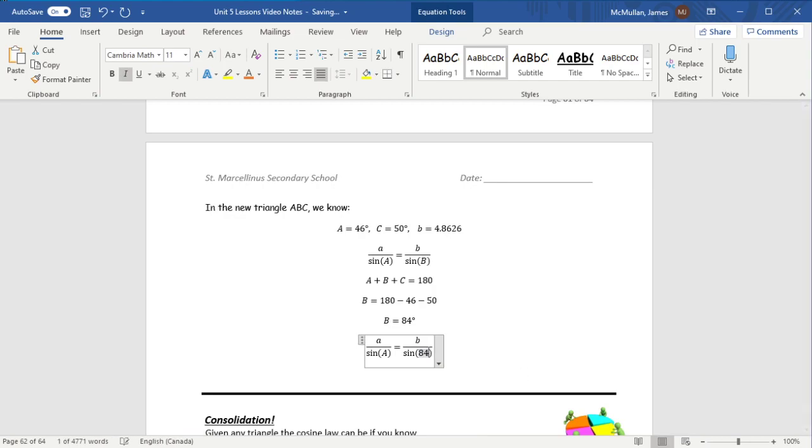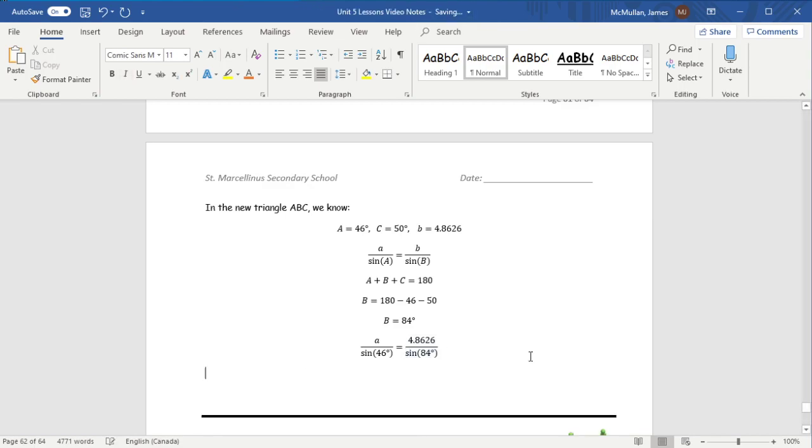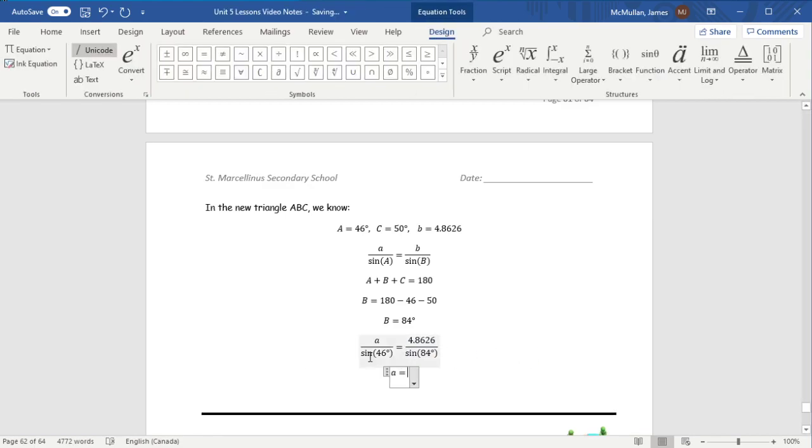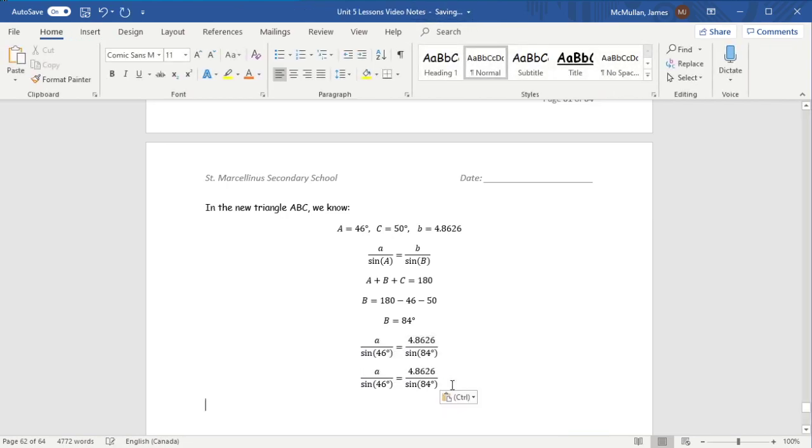Fill in everything we know. Sine A was 46, and side A is what we're looking for. Side B is 4.8626, and we can just get our answer by bringing this division to the other side.